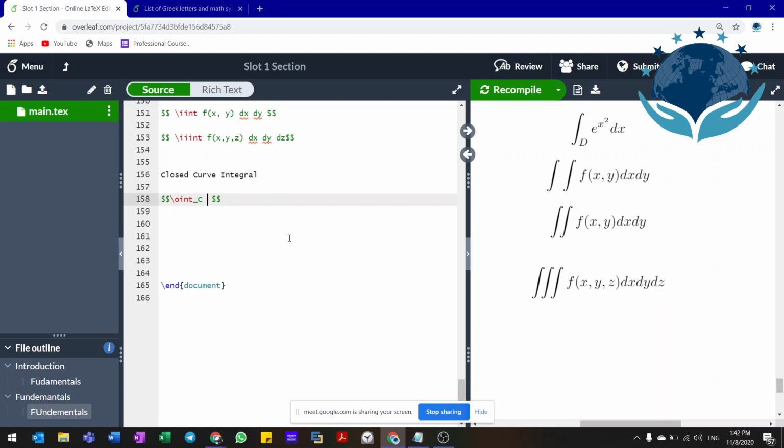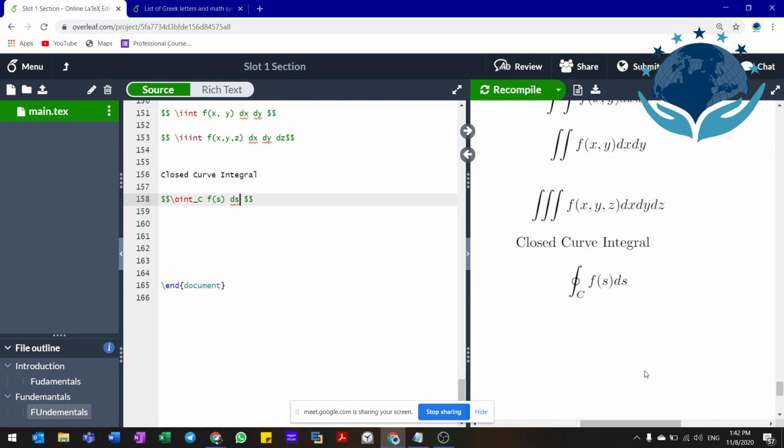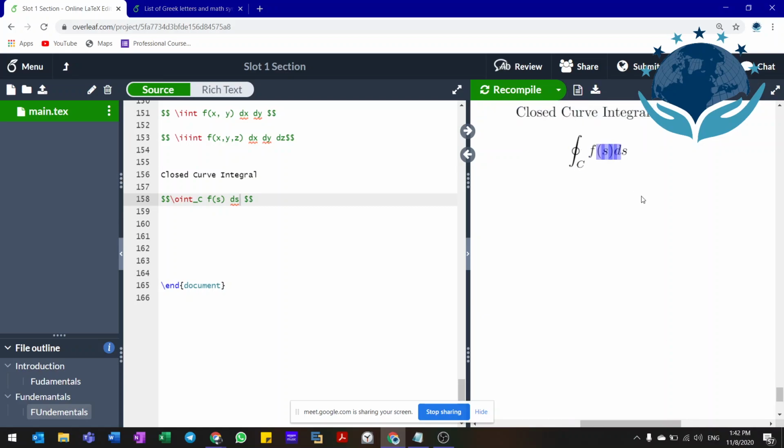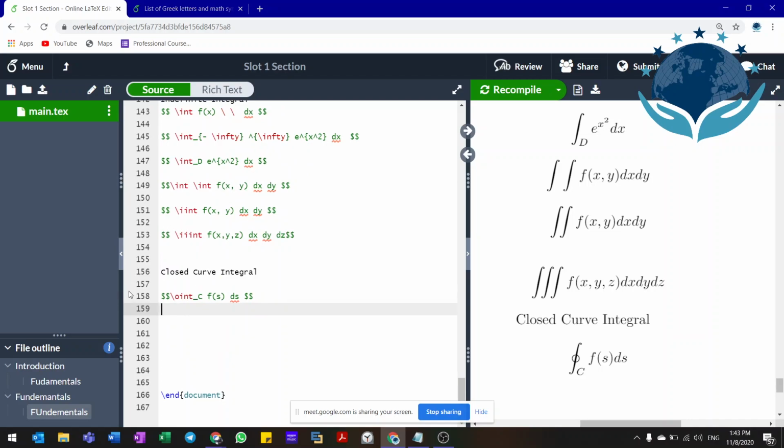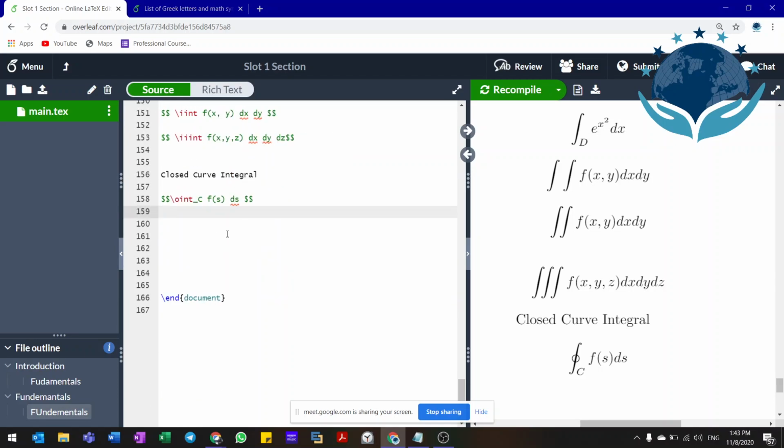Over the curve C, f of s into ds. You can see that a closed curve integral is being represented. One of the main advantages in LaTeX is that you don't need to worry about many things: just by changing simple commands, simple keywords, you can move on to the next mathematical models.